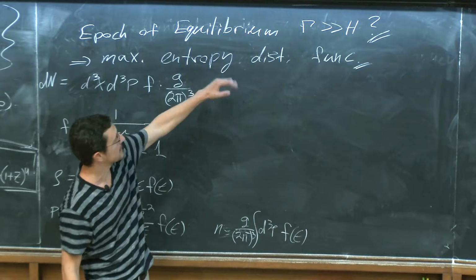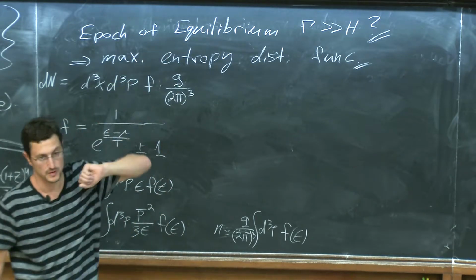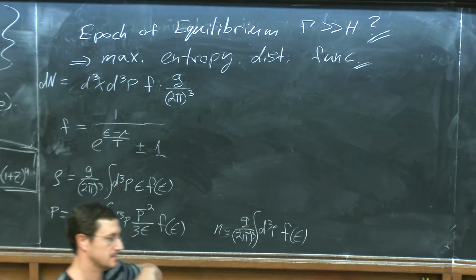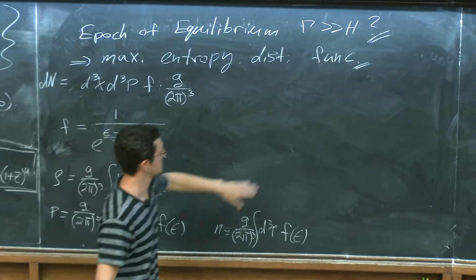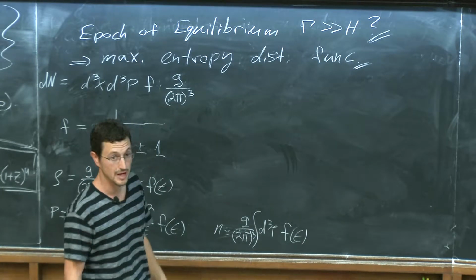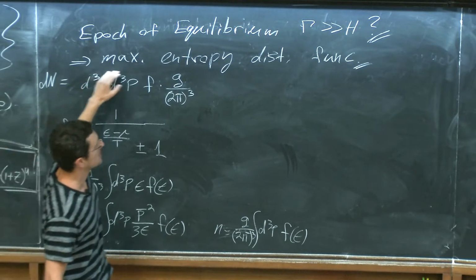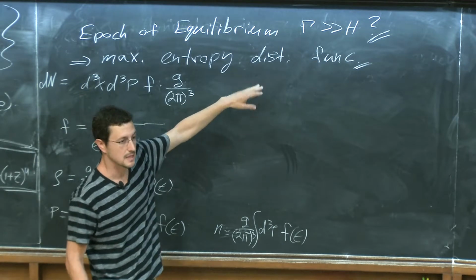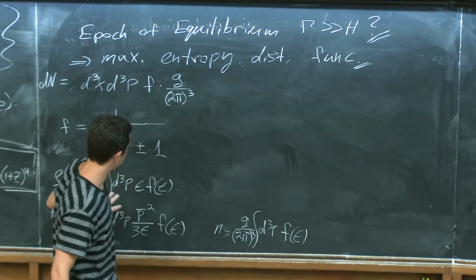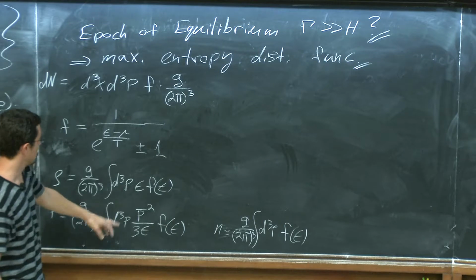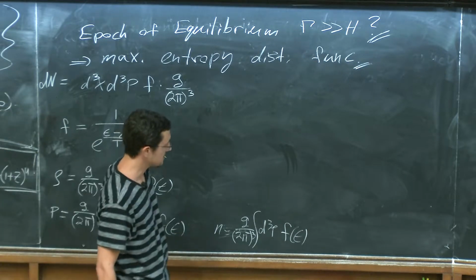So there is a famous consequence of these maximum entropy distribution functions that characterizes this epoch of equilibrium, which is the statement of entropy conservation. You've heard it in this course. Just to remind you what it says, I will not derive it. In fact, when we have assumed that the distribution function attained maximum entropy form, then entropy is already conserved. We've just assumed it. It follows from this form of the energy, momentum and number densities.